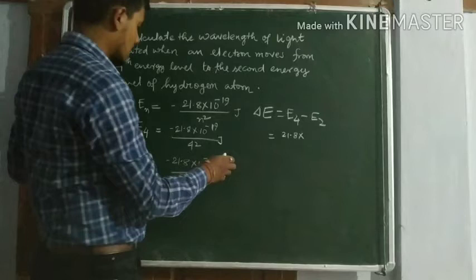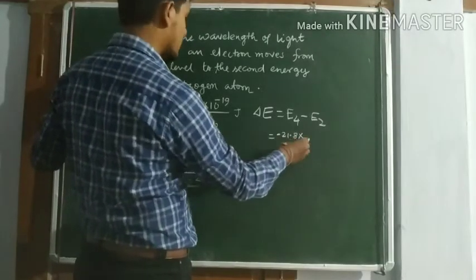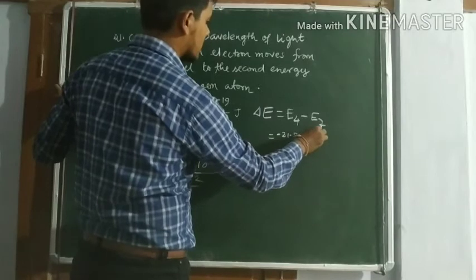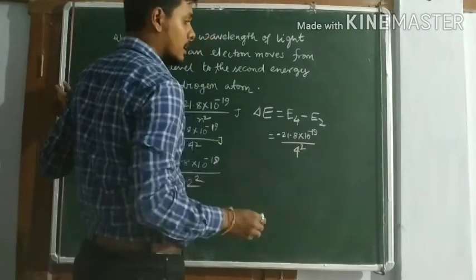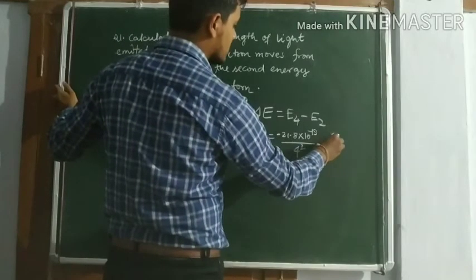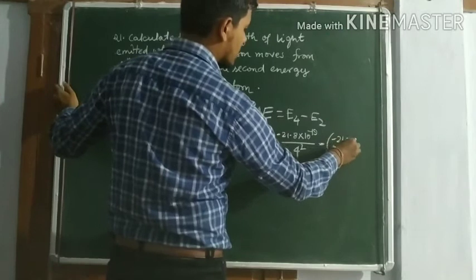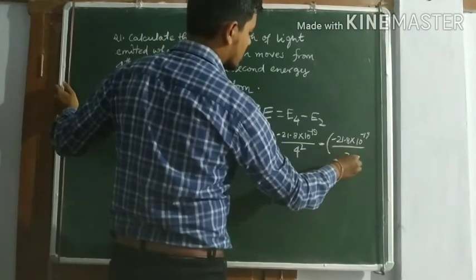What is delta E? Delta E is E4, minus 21.8 into 10 to the power minus 19 by 4 square, and E2 is minus 21.8 into 10 to the power minus 19 by 2 square.